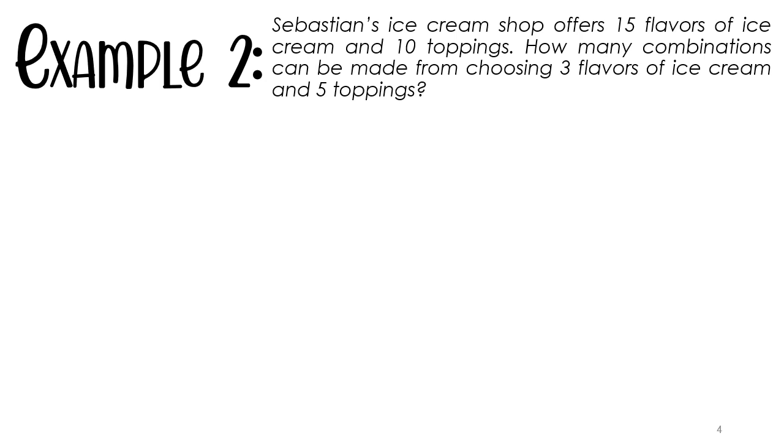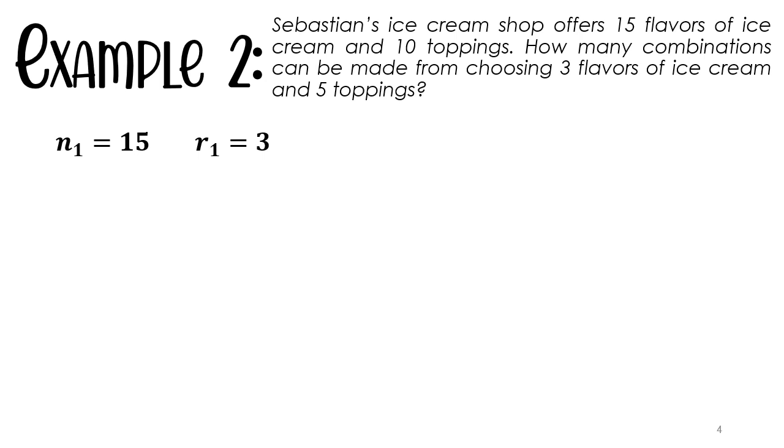For the first category, let's consider it as n sub 1. So our n for the first category is equal to 15 because we have a total of 15 flavors of ice cream. And out of the 15 flavors of ice cream, we are going to choose 3 flavors. Therefore, our r is equal to 3.